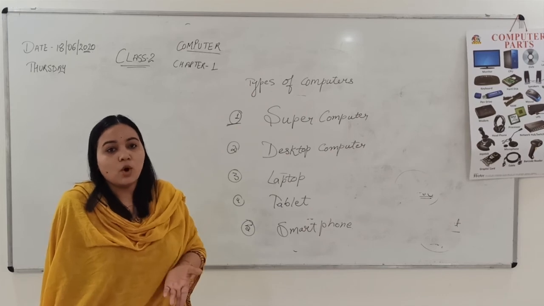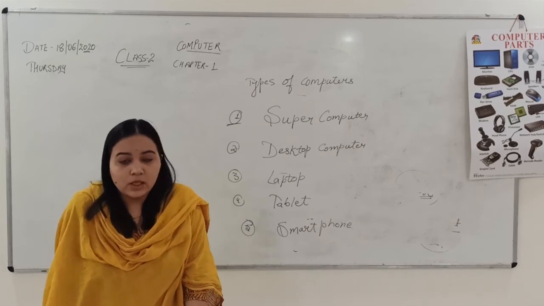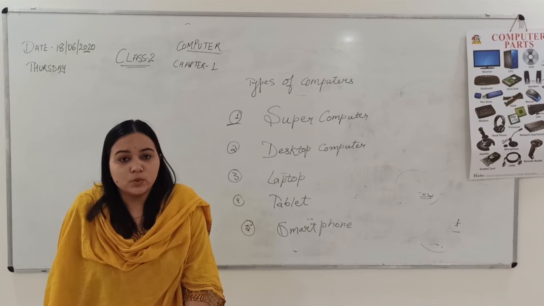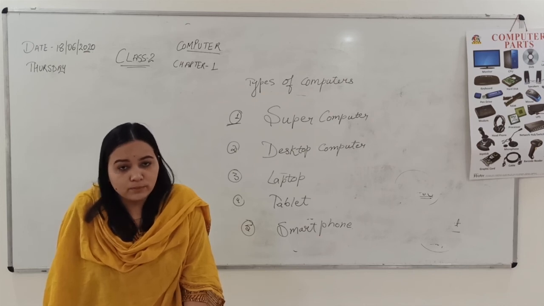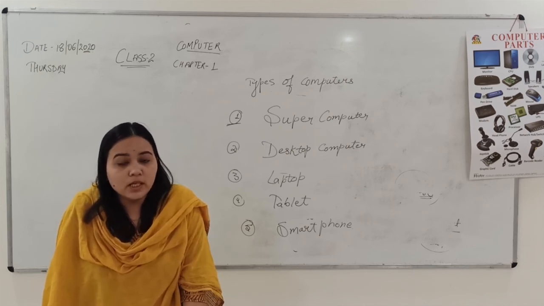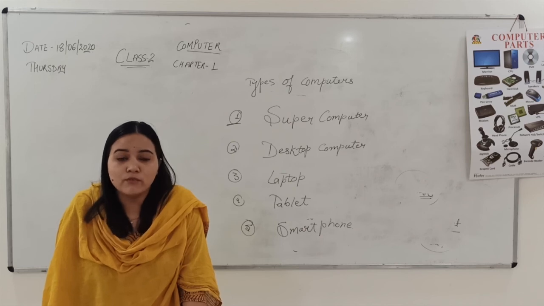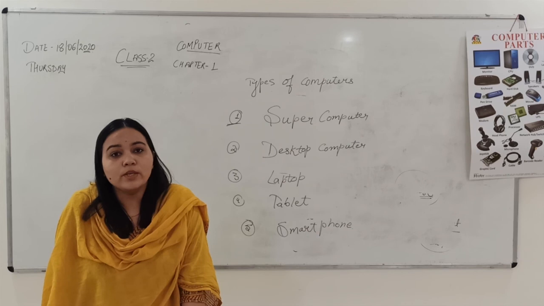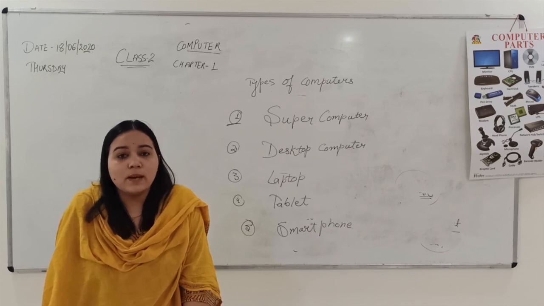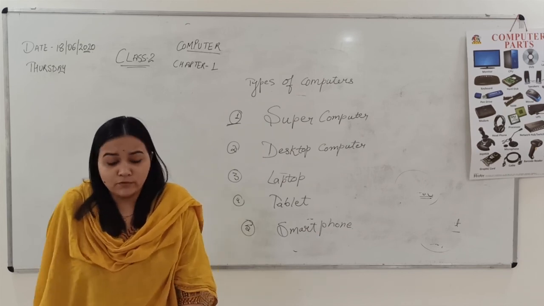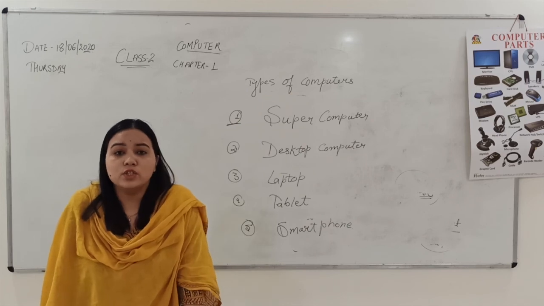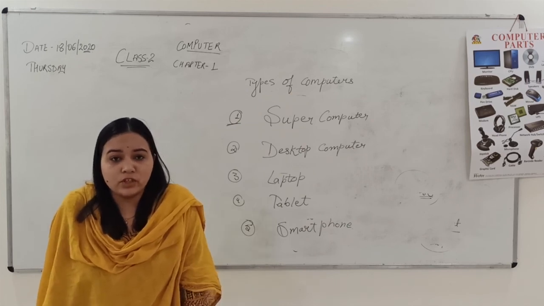So this is all about today's lecture, in which we studied what a computer is, the definition of a computer, how a computer works, and what the types of computers are. So I hope that this lecture was clear to you and you all understood it, and I'm just going to give you a very small summary in which you will be memorizing each and everything again.